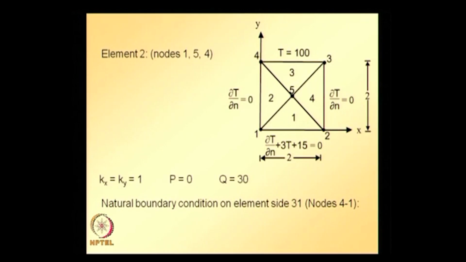If you see the natural boundary condition that is specified alongside 4, 1, that is the local side 3, 1, we get this information: alpha is equal to 0, beta is equal to 0. So, for this particular element K alpha is going to be 0 and R beta is also going to be 0.